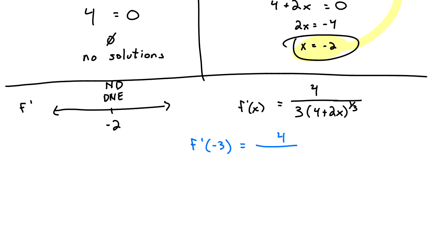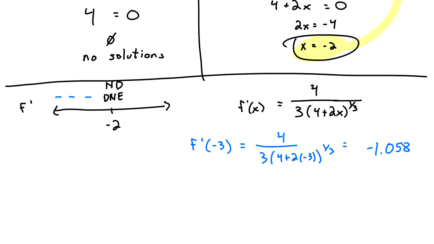This would be 4 over 3 times (4 plus 2 times -3) to the positive 1/3 power. And here I am going to skip ahead a little bit in the computations. I end up with, it looks like, -1.058. You can check that on your own if you'd like, but I just want to save a little bit of time. We're just crunching some numbers here. Decimals, fractions, it doesn't really matter. Remember, it's the sign of that number that we're after. So this tells me that f prime is negative on the left-hand side of -2.